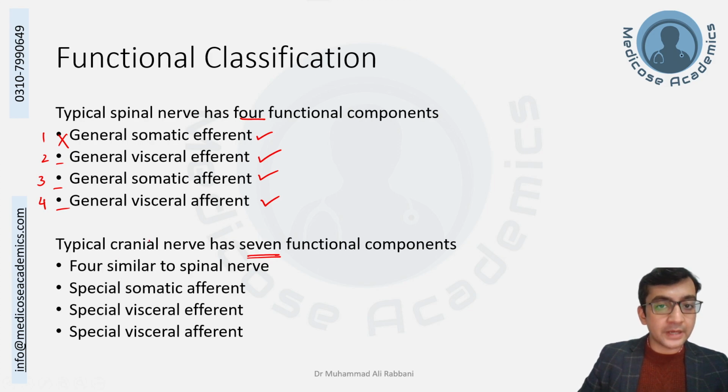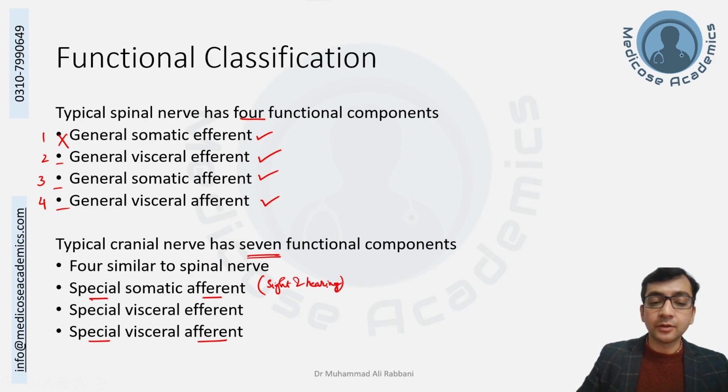General somatic afferent will have a counterpart, special somatic afferent. Special somatic afferent, these are the special senses. Both special afferents are special senses. These include the sense of sight and hearing.